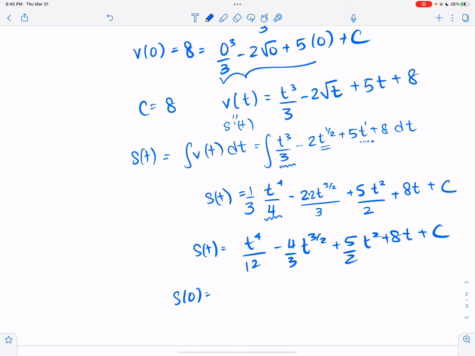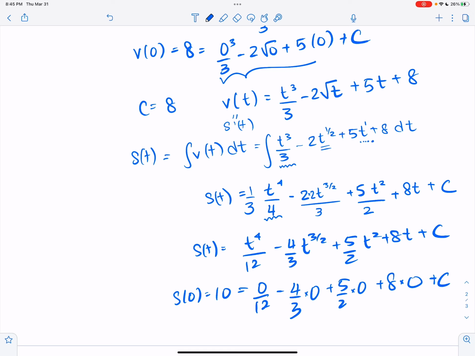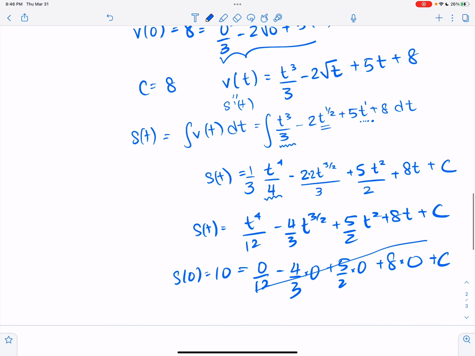S of 0 we know needs to be 10, so that's 0 over 12 minus 4/3 times 0 plus 5/2 times 0 plus 8 times 0 plus c. All these turn out to be 0. They need not have turned out to be 0. Might be some number, and that's fine. Then you just solve for c. In this case, it was easy.